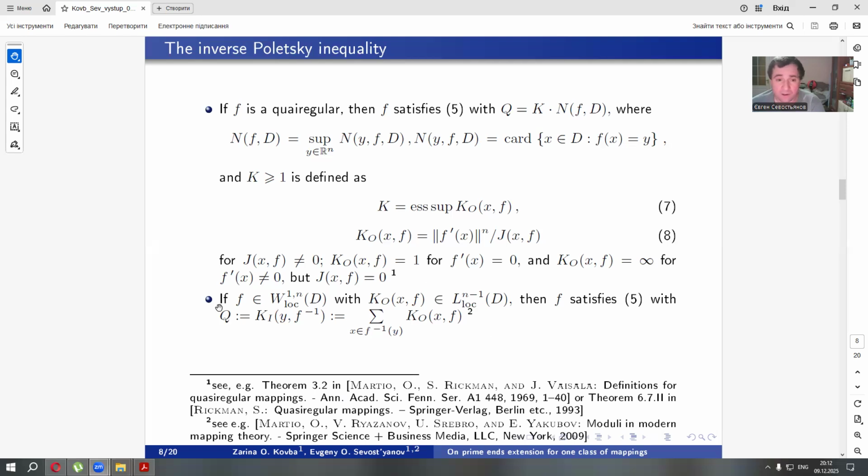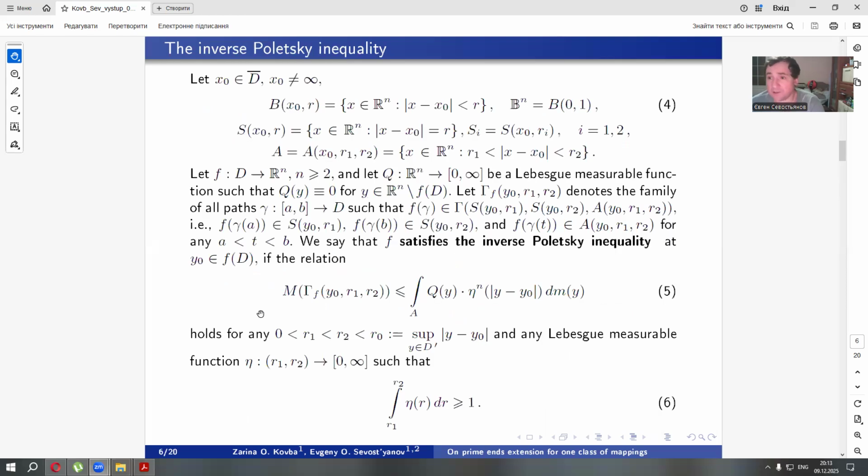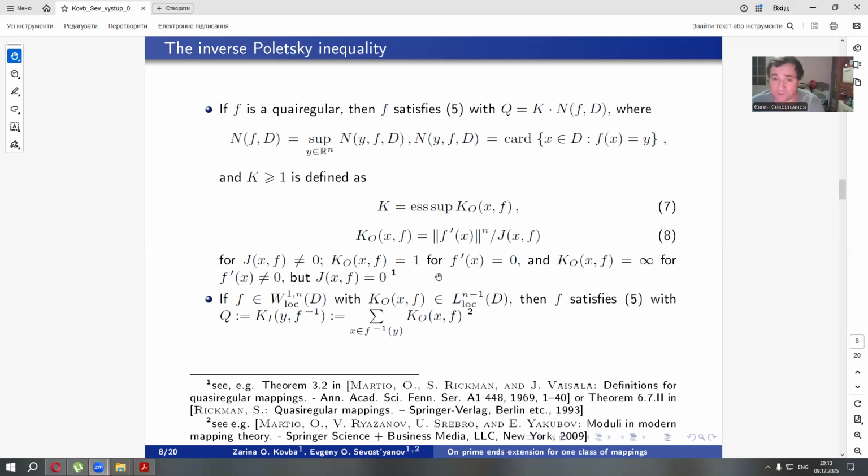The second remark is that more general classes of mappings, say Sobolev mappings, which have first order partial derivatives locally integrable in degree n, denoted by W^{1,n}_loc(D), satisfy relations 5 and 6, provided that the corresponding function K_O, which is defined as below, is in the class L^{n-1}_loc, that is, functions which are integrable by Lebesgue in degree n-1.